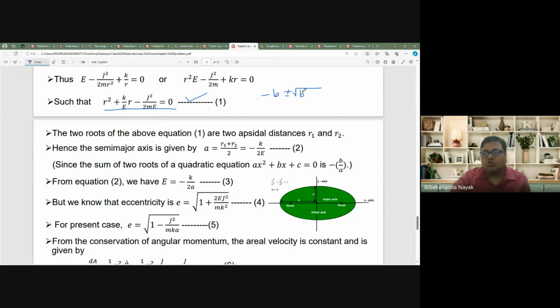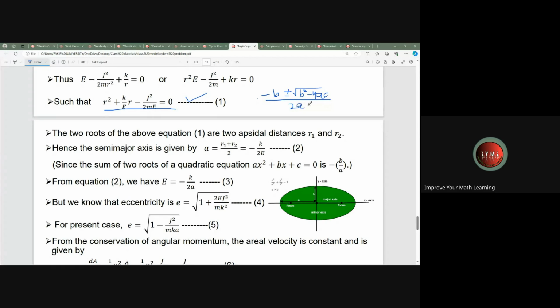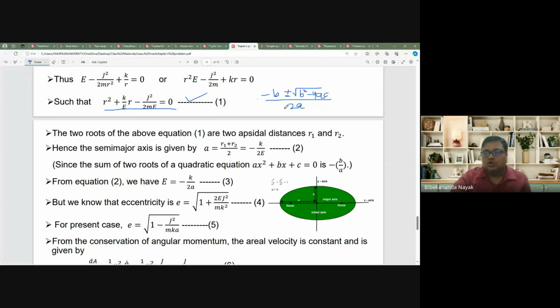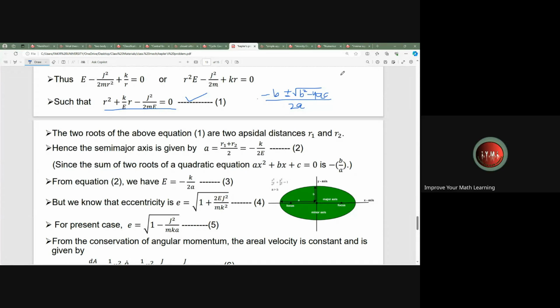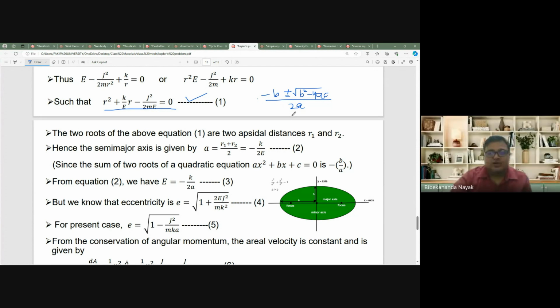So if you add the two roots, one plus root and one minus root, the plus and minus cancel, and we get minus b by a only. So what is b here?